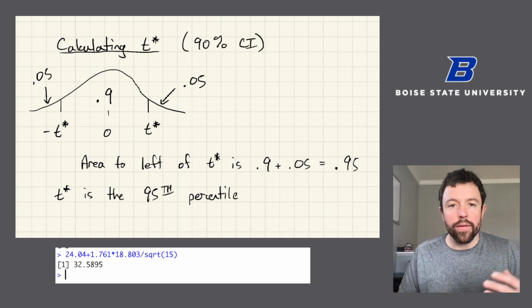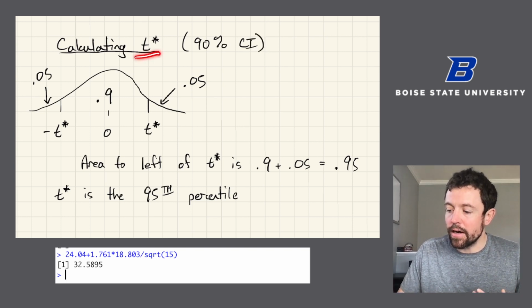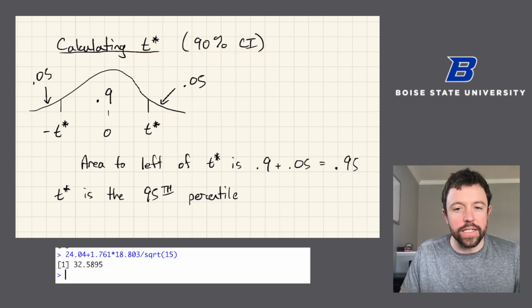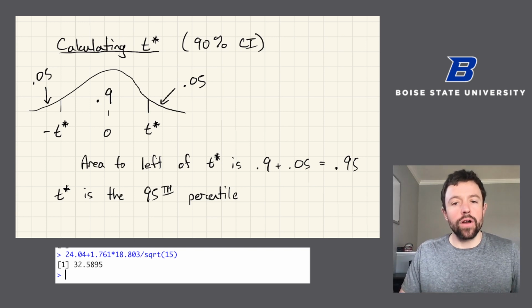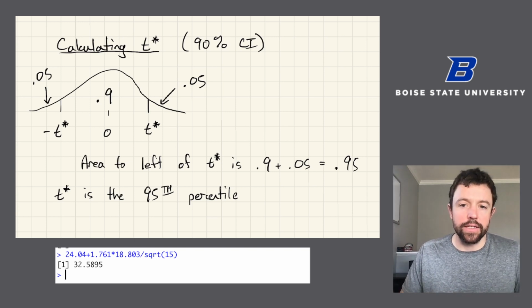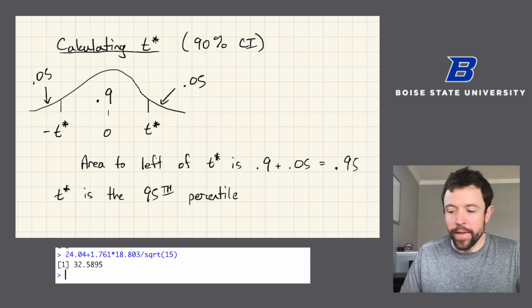And so right off the bat, we see, oh, T-star, even though it's a 90% confidence interval, it's not the 90th percentile because we're referring to the middle 90%. And percentiles always are referring to how much is less than something, how much is to the left of it.